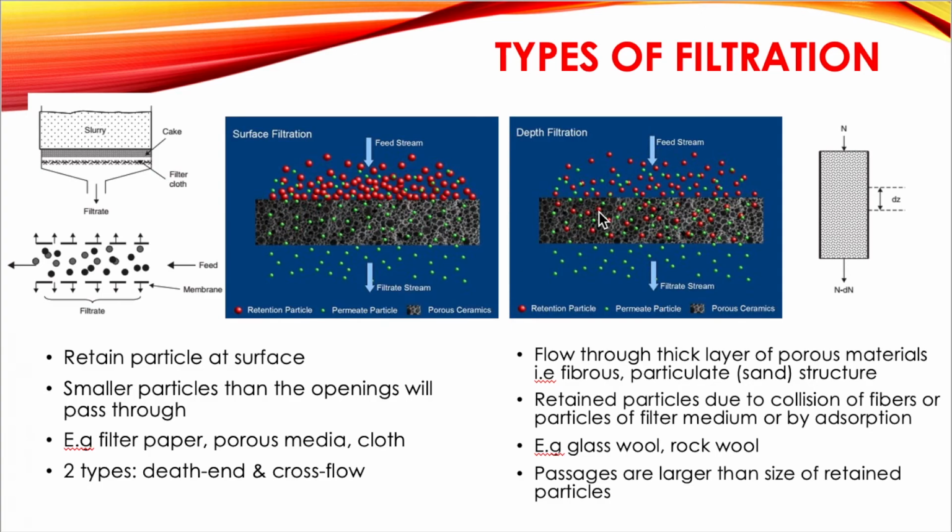So what happens is our feed stream will flow through a thick layer of porous material. For example, the fibrous material of filter media or a particulate or sand structure, and this sand structure or fibrous material will retain particles due to collision with fibers or particles of the filter medium, or by adsorption. Okay, so examples of the materials are glass wool and rock wool, and the passages are larger than the size of the retained particles.